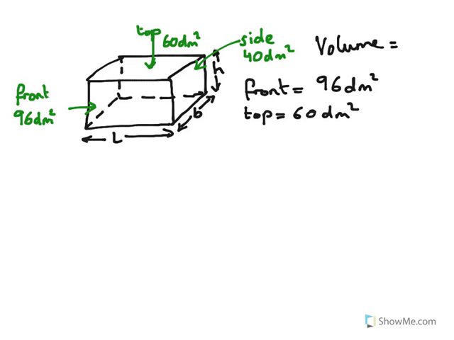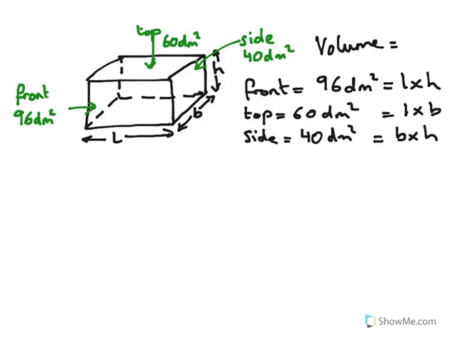Now the front will be made up of the length times the height, and the top will be made up of the length times the breadth. And then we know that the side is 40 decimeters squared, which we know is made up of the breadth times the height.